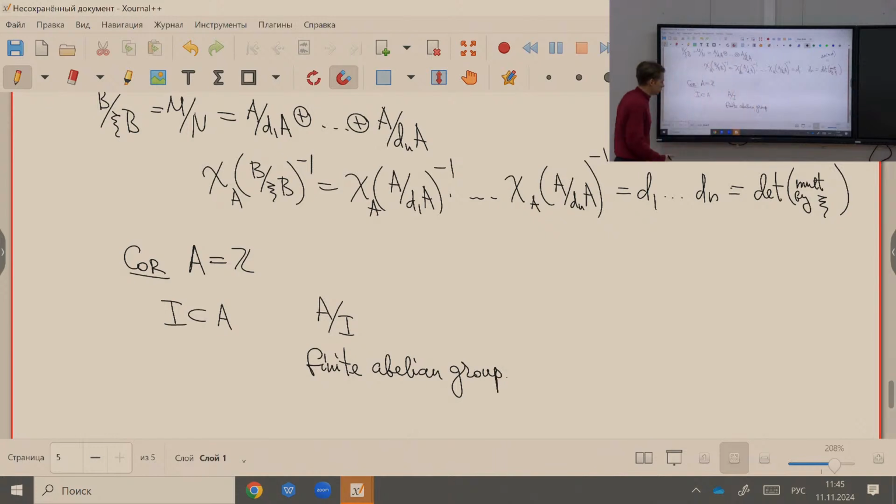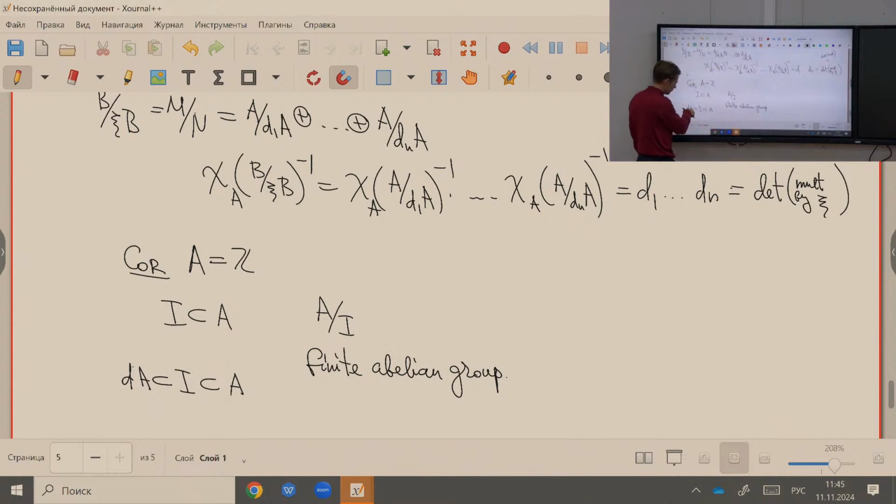Yeah, this is a finitely generated group over Z, and if you are thinking of an ideal, notice that you can always take an element from the ideal. So the ideal is bounded by A and D.